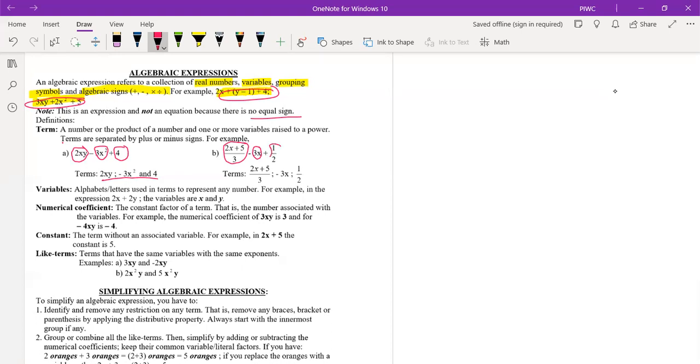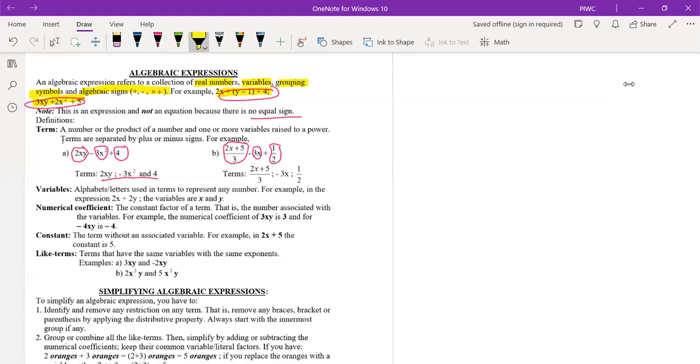This is also a term, a real number. So they are separated by minus and plus signs. So you should be able to identify terms in problems, because soon we'll be combining like terms to make expressions simple.